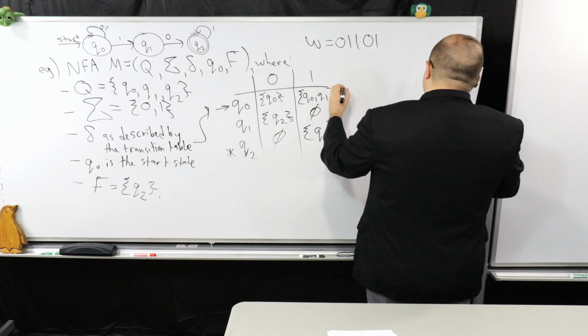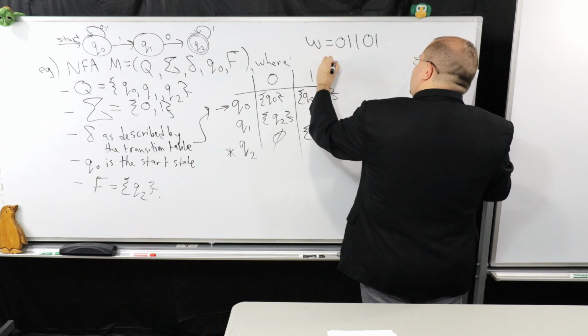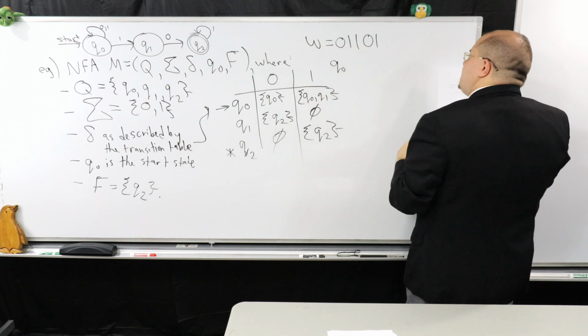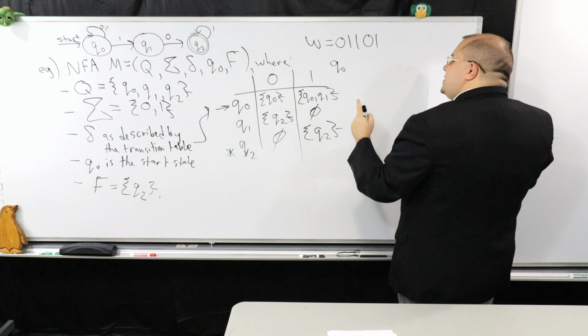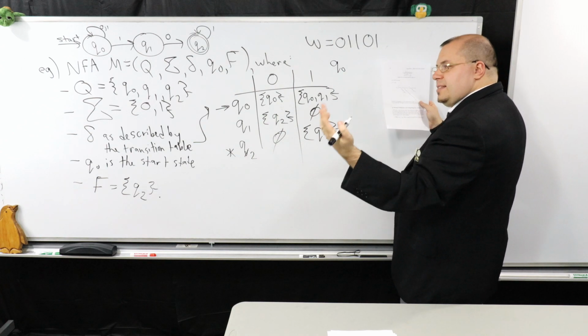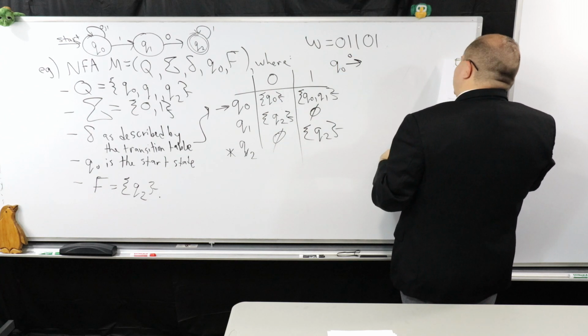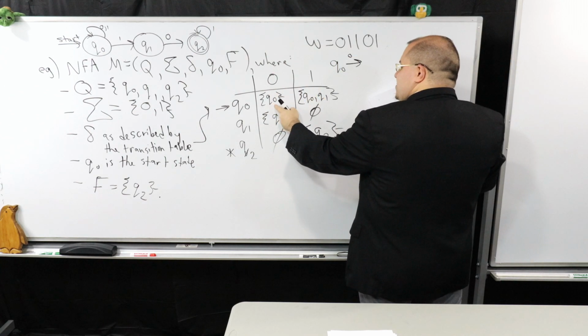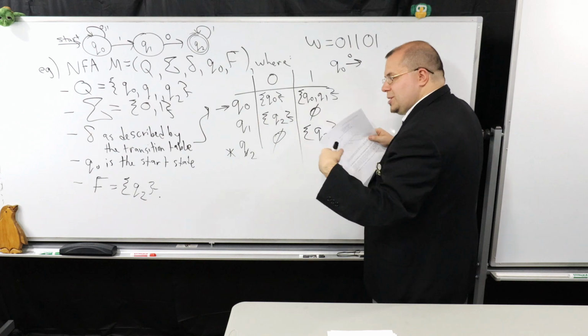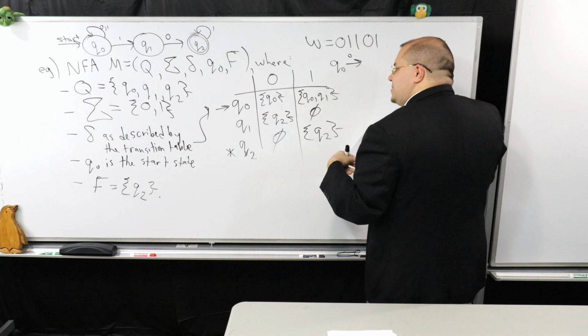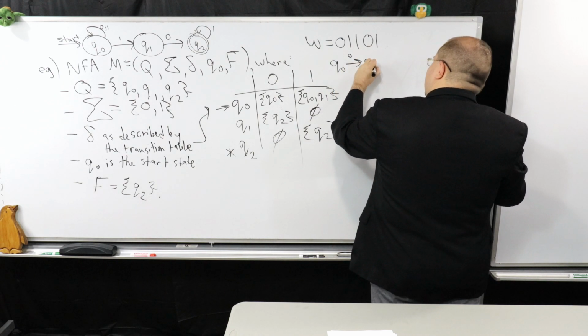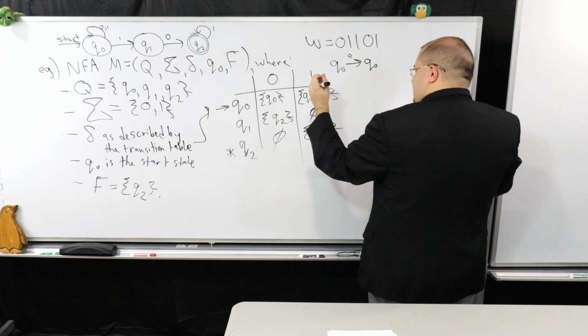I'll draw it up here. So when I start off in the starting state Q0, what happens next is, just like a DFA, I read the 0. If I read a 0, it tells me you're currently in state Q0, right? That's the only state that's in this set.